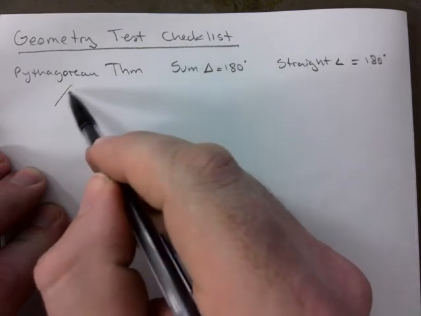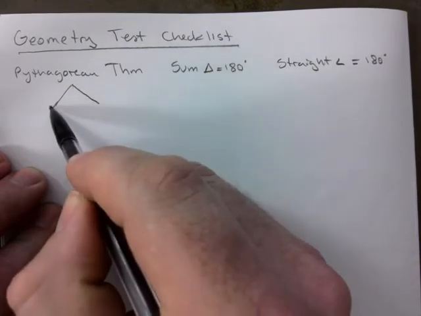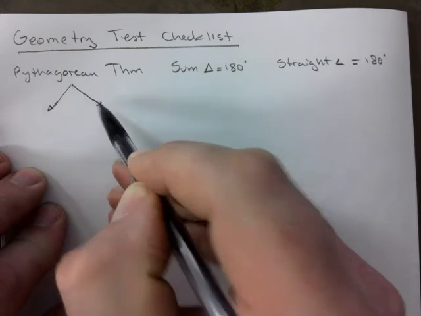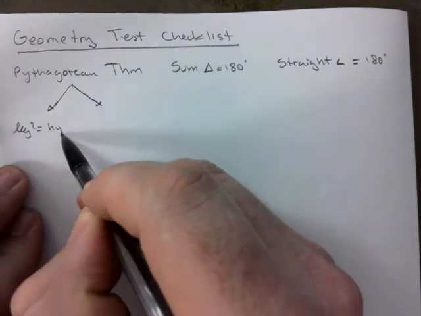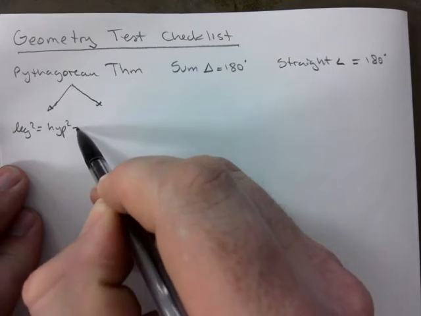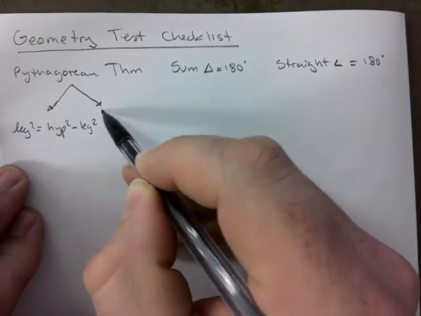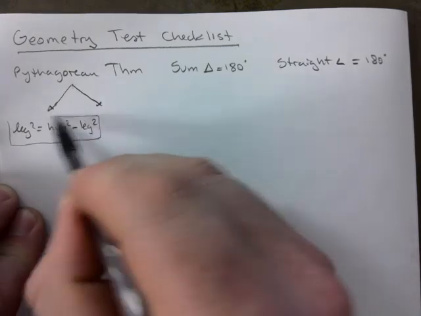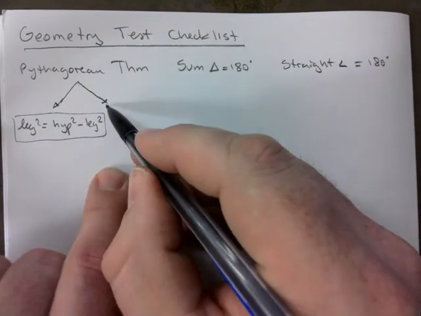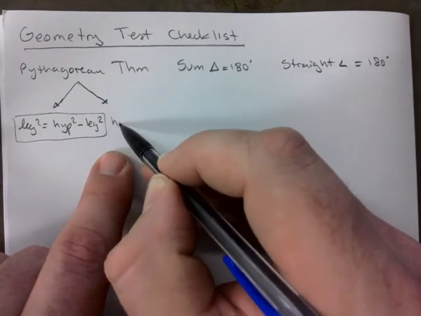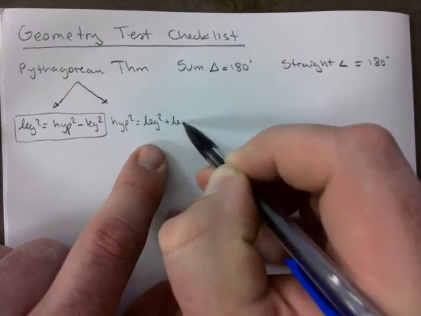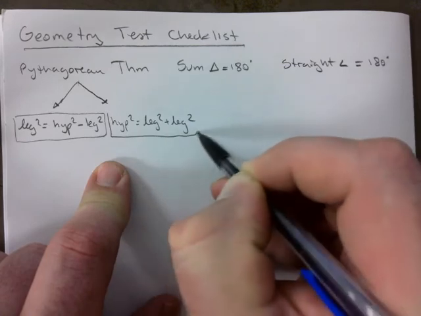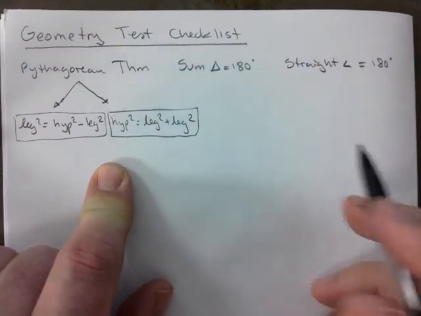Do you know your two Pythagorean theorem formulas? I hope so, right? You have leg squared is equal to hypotenuse squared minus leg squared, and the other one, hypotenuse squared is equal to leg squared plus leg squared. You need to know both of those.